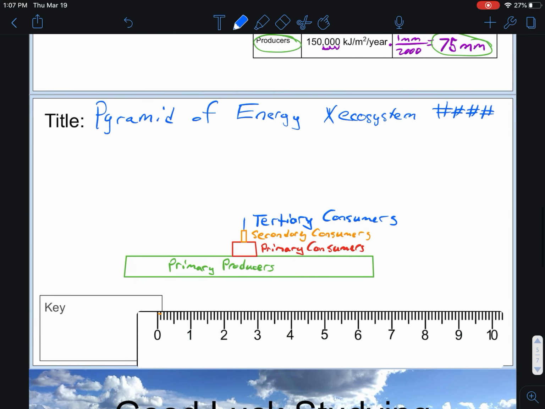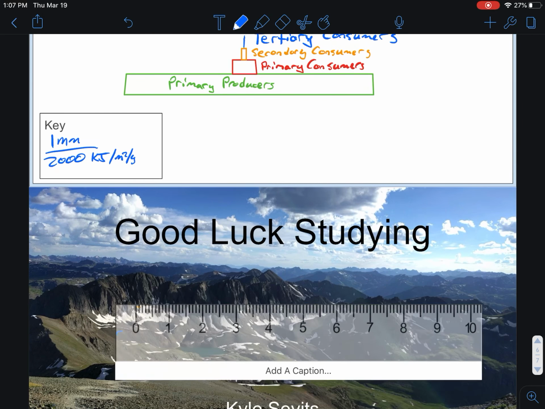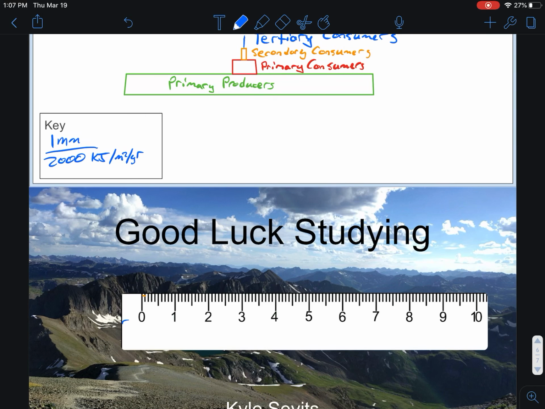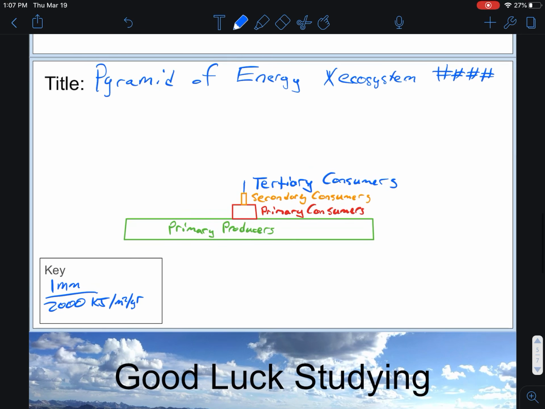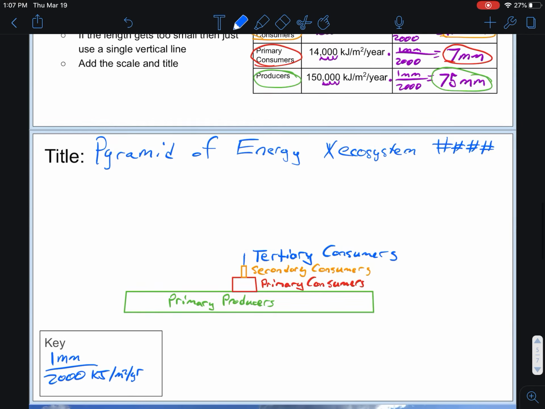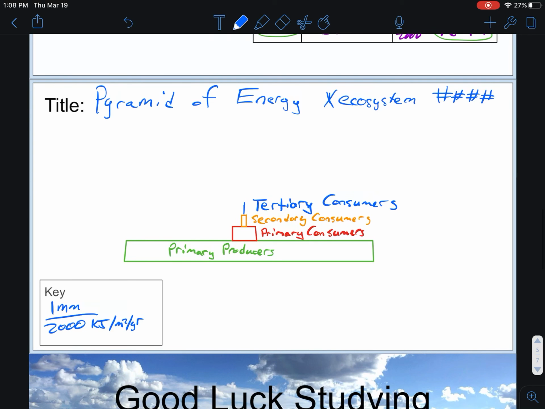Key, make sure you get your scale in there. And we chose the scale of 1 millimeter per 2,000 kilojoules per meter squared per year. And there we go. There is our quantitative pyramid of energy.